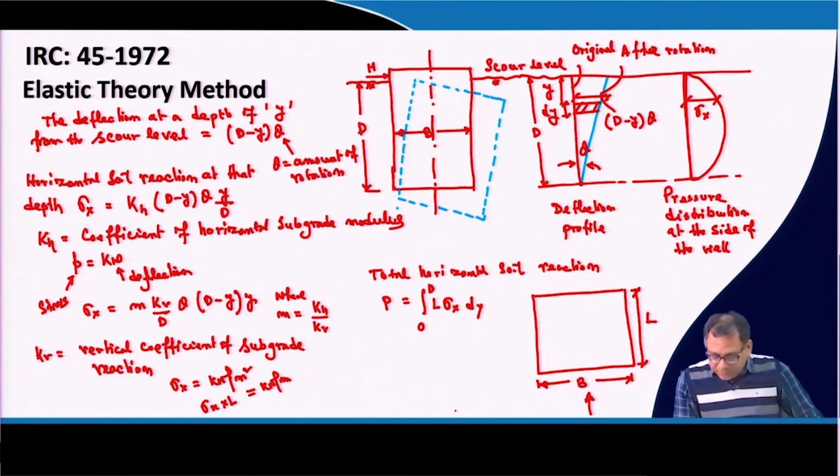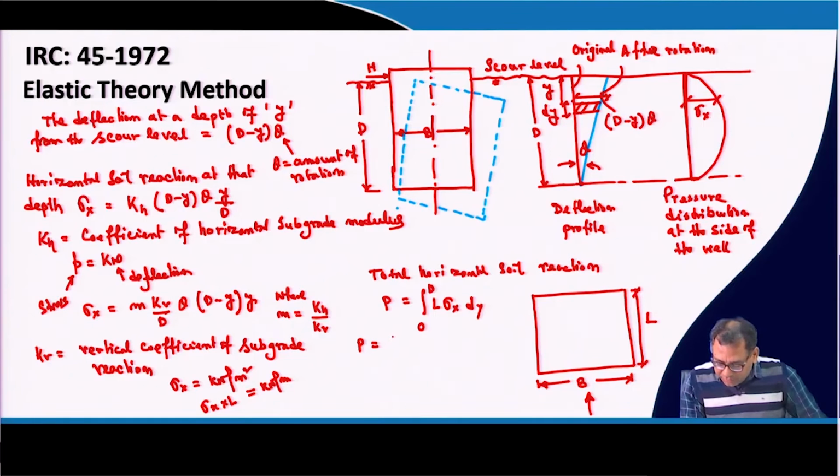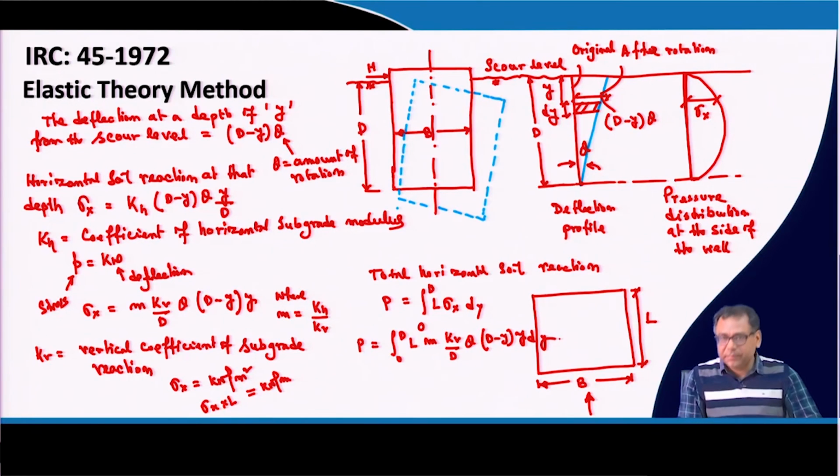Okay. So, now we can get from here that P is equal to, so if I now put 0 to d, L and sigma x value is m Kv divided by d, theta, d minus 1 y into dy. Okay.